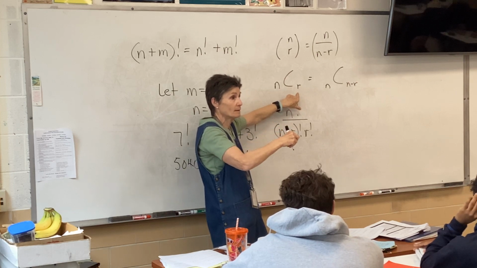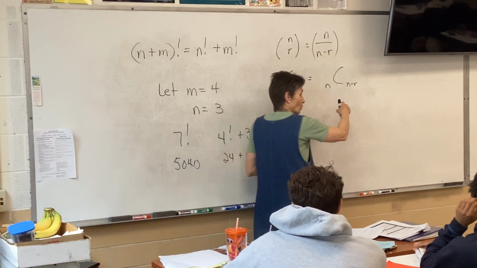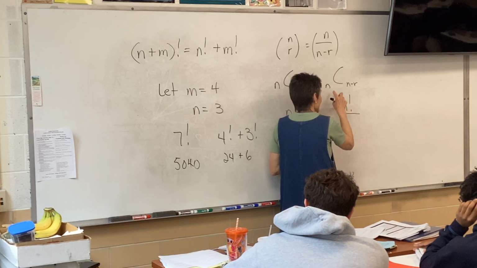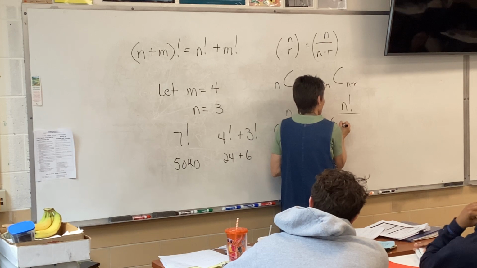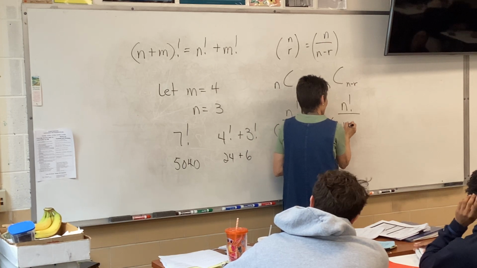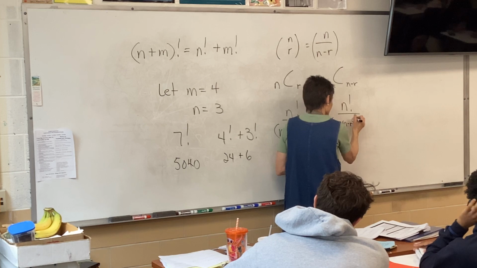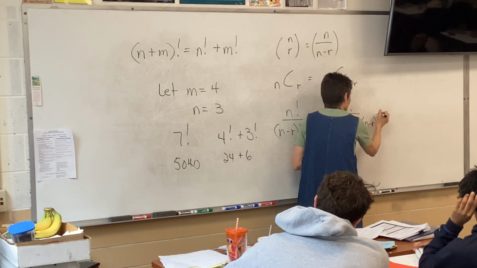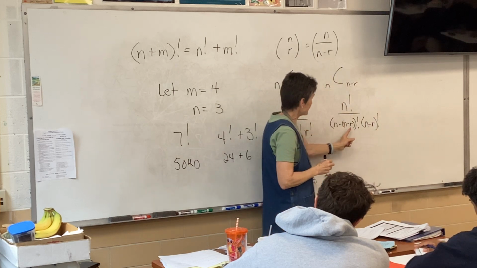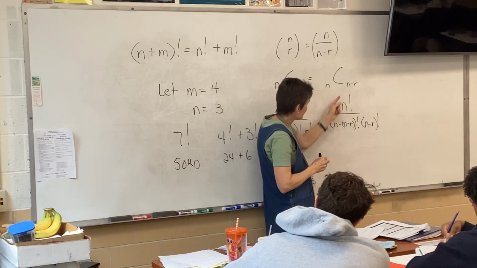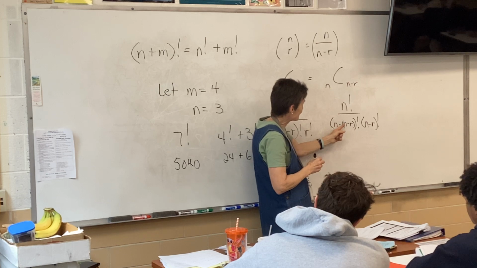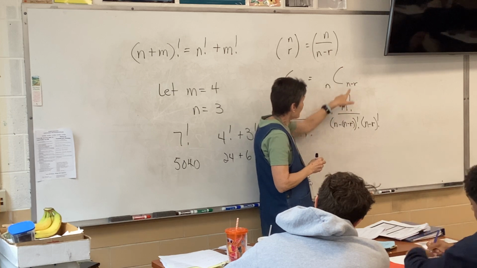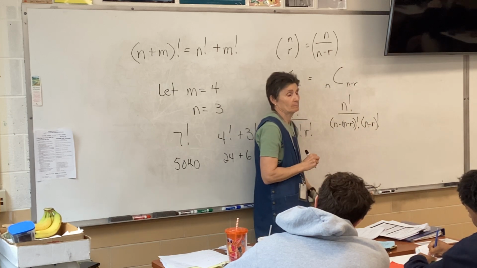That's the formula. So what's this one going to be? N factorial over the difference, which will be n minus r factorial, and then n minus r factorial. So again, your denominator is the difference, so I have to subtract n minus r factorial, and then that number factorial.